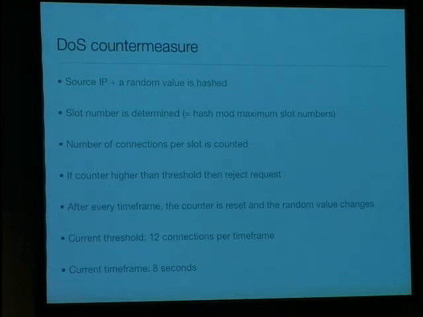If the count is higher than a certain threshold, then the request is simply rejected before even the fork is going to happen. And after every time frame, these 8 seconds, the counter is reset and the random value changes.